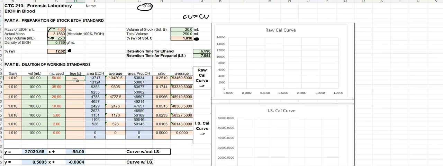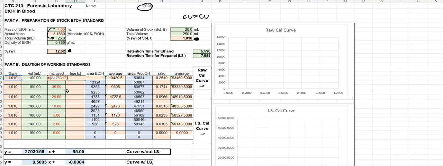So in this cell that says the true concentration, I'm going to type in equal. I'm going to open the parentheses up. We took 1.01, that's my concentration, and we took 50 mLs of that.